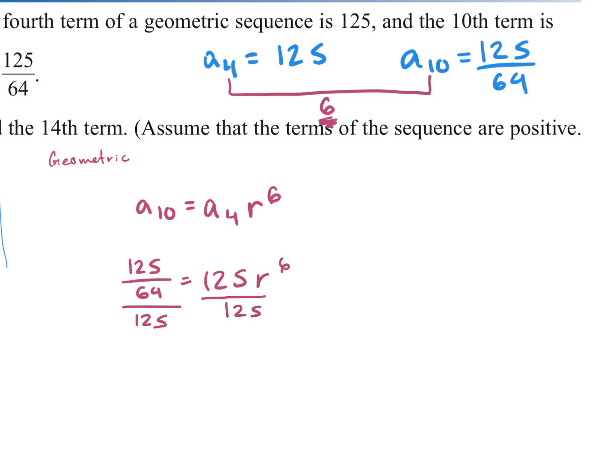What do we do when we are dividing with a fraction? Keep change flip, so we change it to multiplication. This would be 125 over 1, so we flip it to be 1 over 125. So it's 1 over 125 times 125 over 64. Awesome. 125s cancel out, so it's 1 over 64. And that's equal to r to the 6th power.